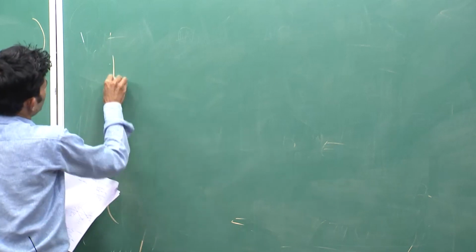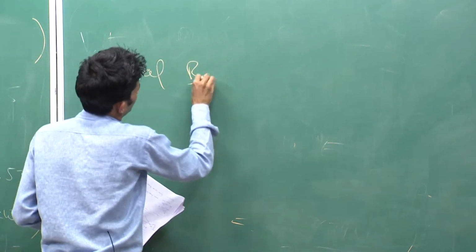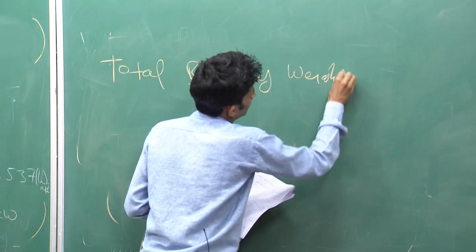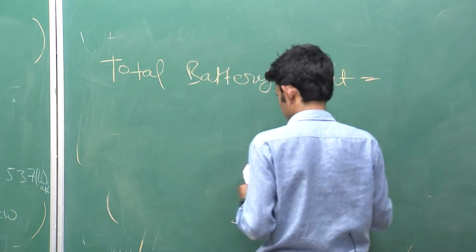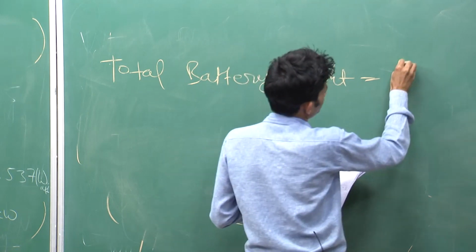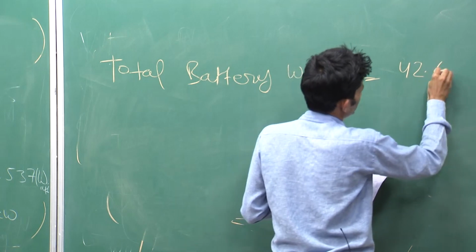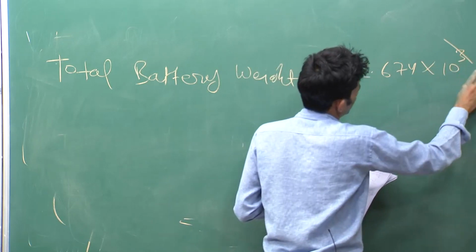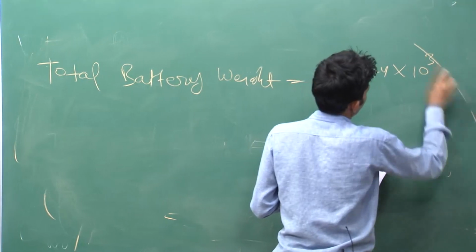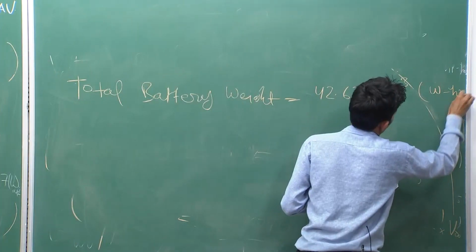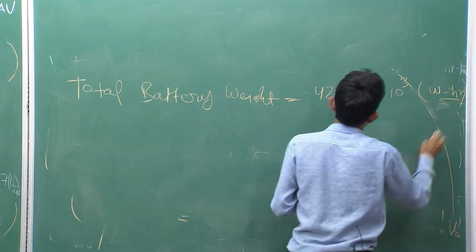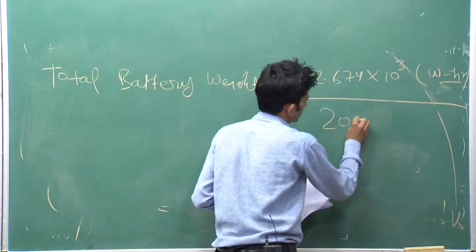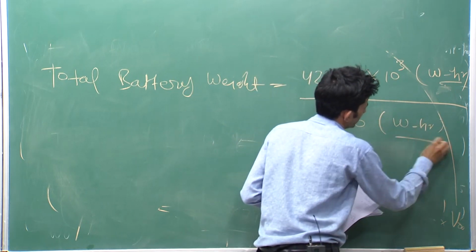So total battery weight equals total energy, which you got, 42.674 kilowatt hour, you can convert into watt hour, divided by the specific energy, which is given 200 watt hour per kg.